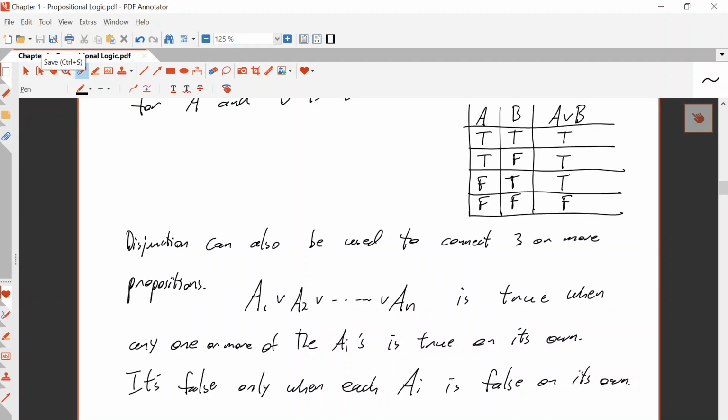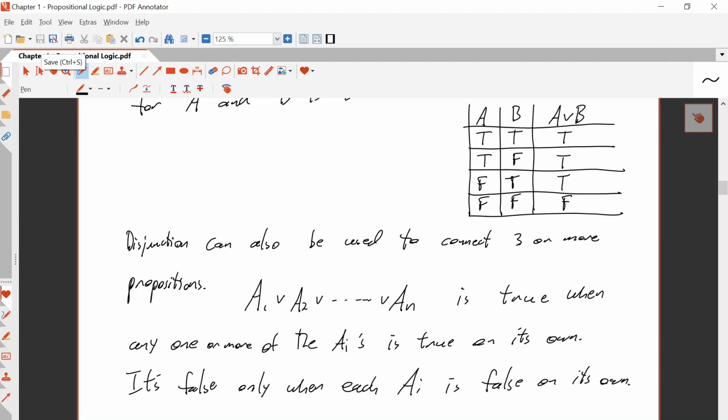Or circles have corners, or squares have 4 sides. All the things I said at the beginning were false, but because squares have 4 sides, the whole statement is true. All I need is just one of those things to be true.